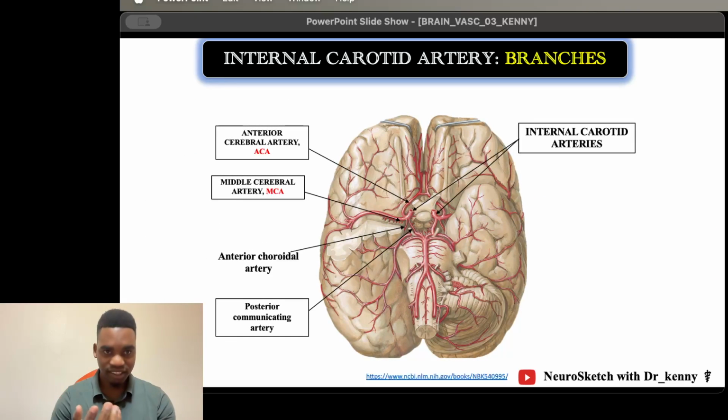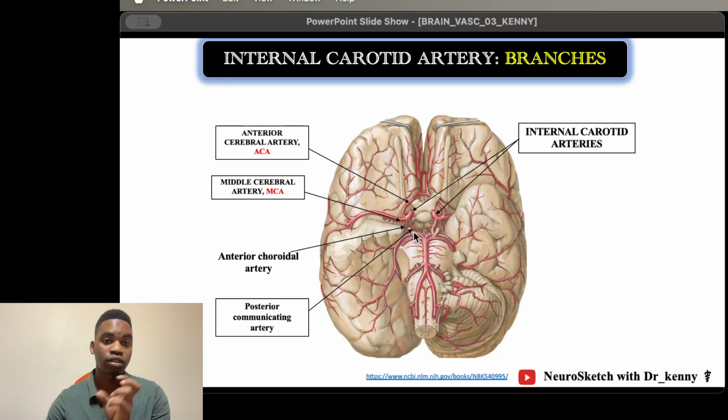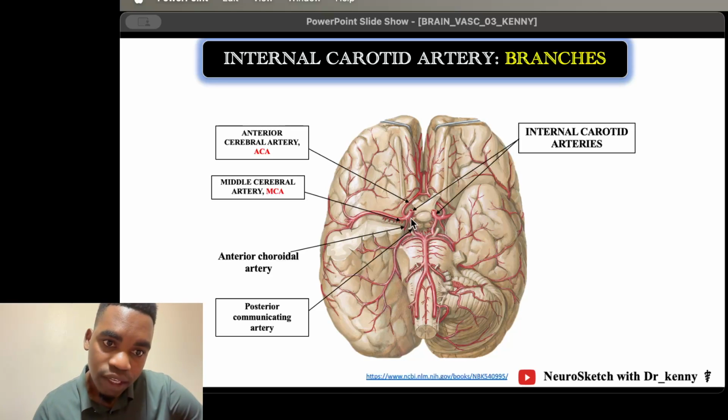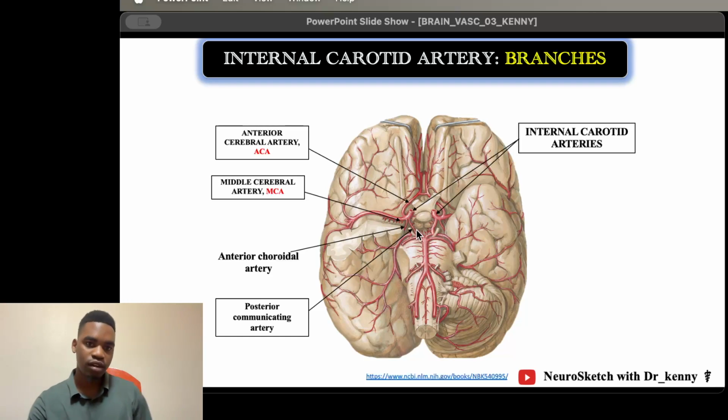So in summary, these are the brain branches of the internal carotid artery, and we can see this is the internal carotid artery. It will give this posterior communicating artery. Remember, we cannot see the ophthalmic artery because it has gone to the eye, and now we are dealing with the brain. So the posterior communicating artery is the first branch if you forget about the ophthalmic artery.